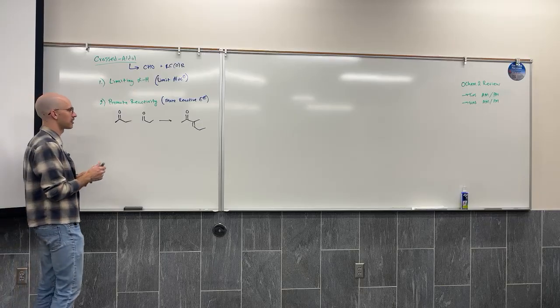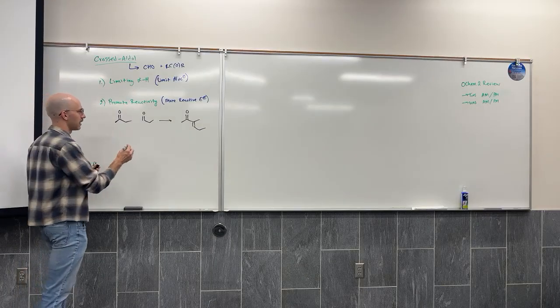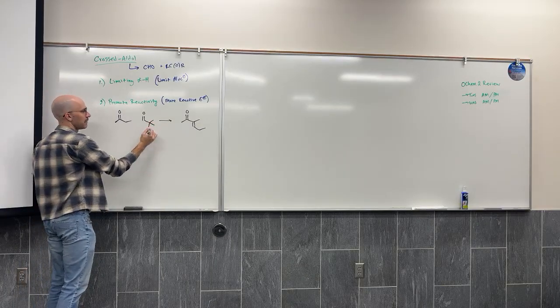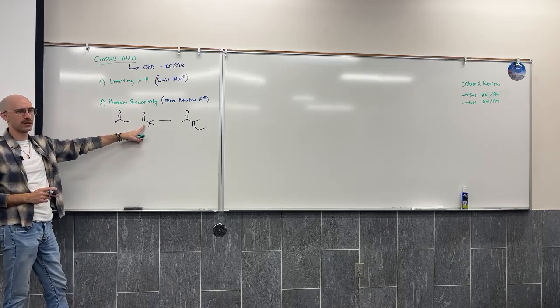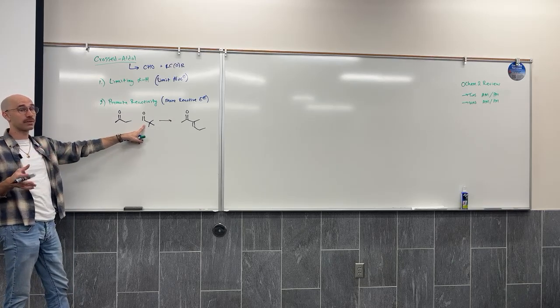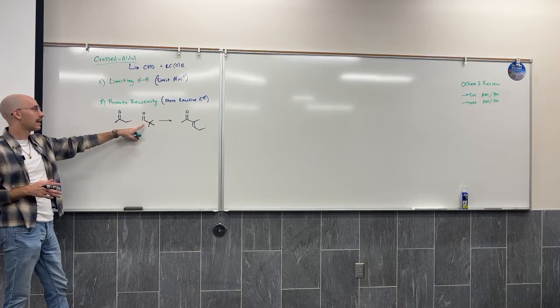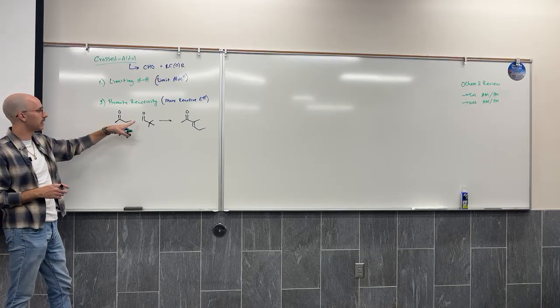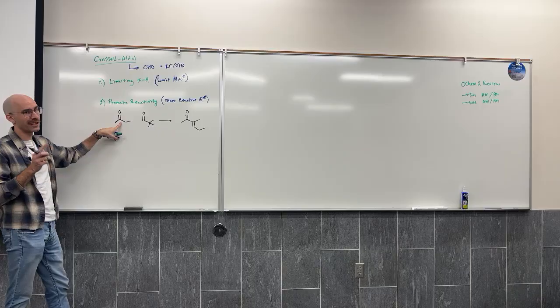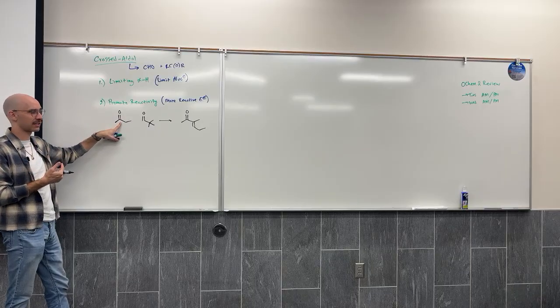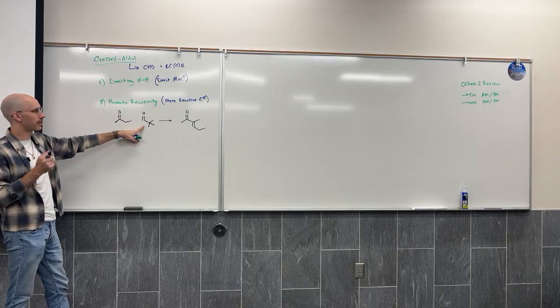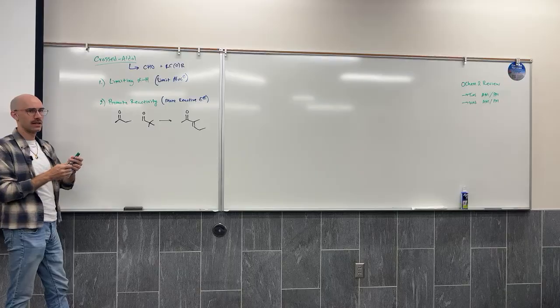So really a better way to promote reactivity is to limit alpha hydrogens, which means that this aldehyde can never be the nucleophile, and promote reactivity, meaning that this ketone is less likely to be the electrophile because there's a more reactive electrophile.